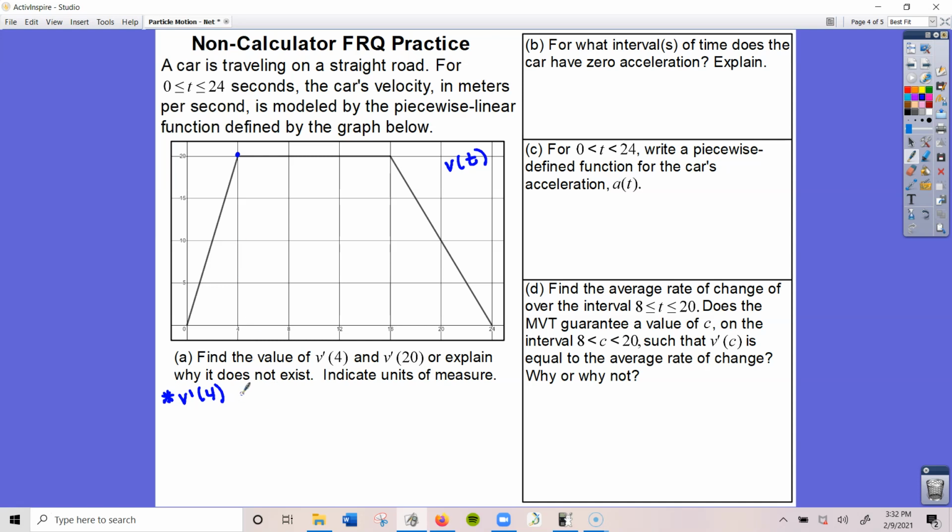So v prime of 4, we can say does not exist, or undefined is more likely, because v of t is not differentiable there. And you can even be more specific and state because of a cusp.